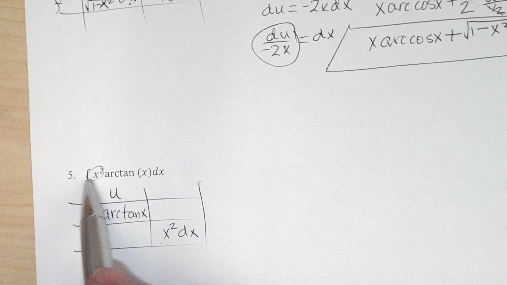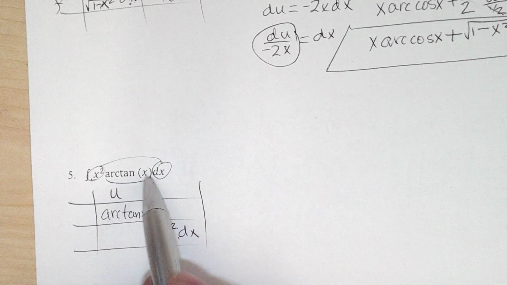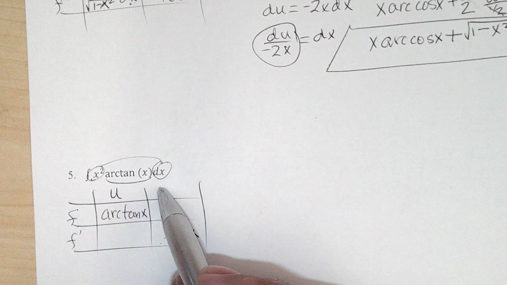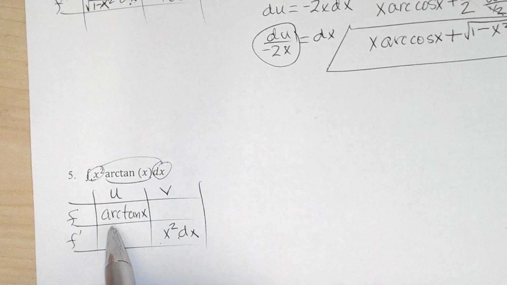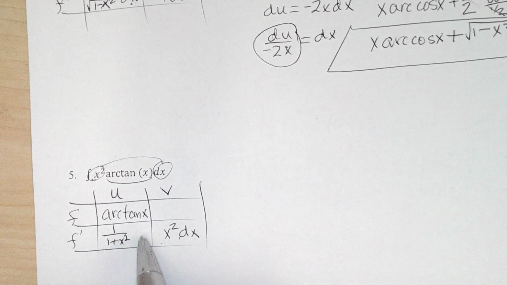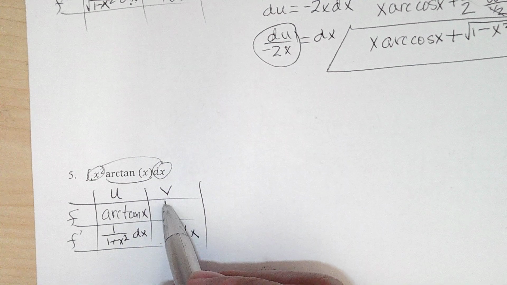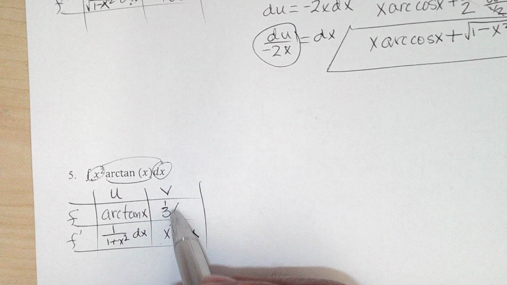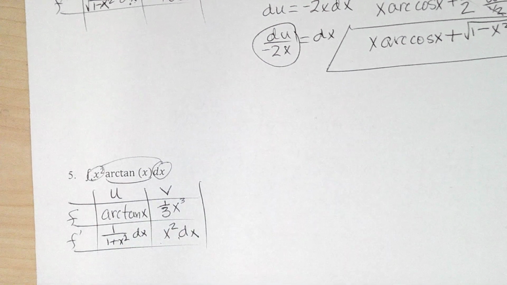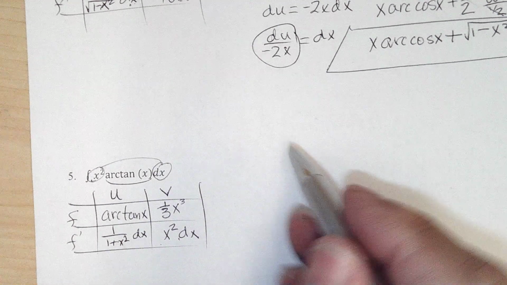So I'm putting this with this down here and that part here. So the derivative of arctangent is 1 over 1 plus x squared. Antiderivative of x squared is 1/3 x to the third. You really got to keep your derivatives and your antiderivatives straight in your head.